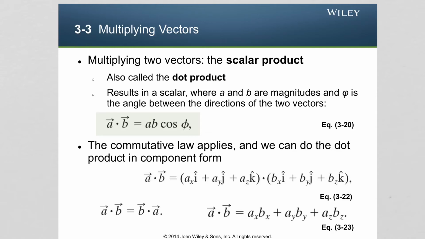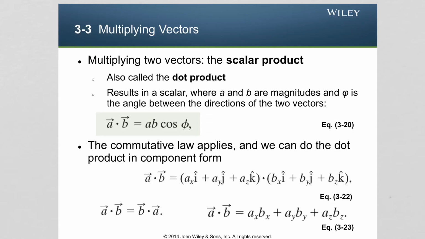So the dot product of two vectors is written as A dot B, and by definition is equal to the magnitude of A times the magnitude of B times the cosine of the angle between the two vectors.